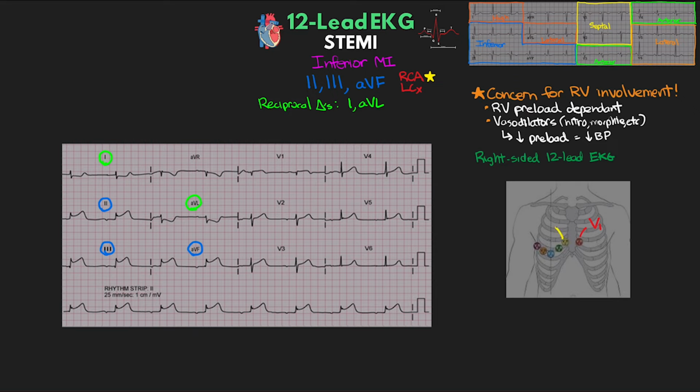V2 is now going to be on the right sternal border, fourth intercostal space. V4, we are going to have on the patient's right side, midclavicular line, so that nipple line, fifth intercostal space. V6 is again along the mid-axillary line, fifth intercostal space, on the same horizontal plane as V4.